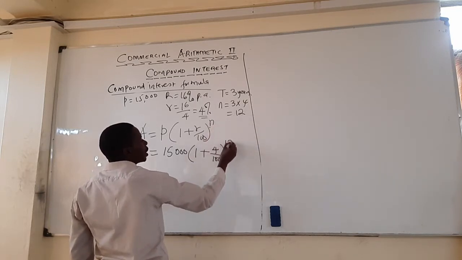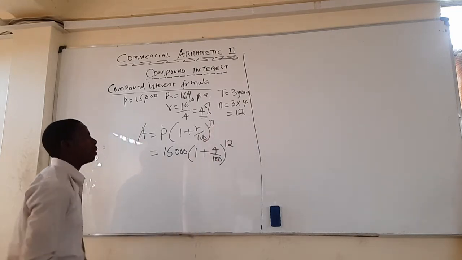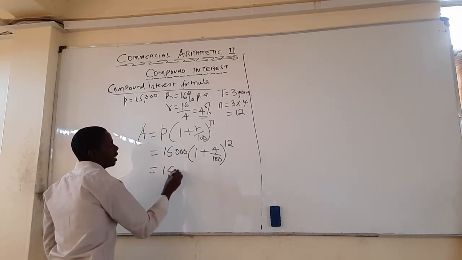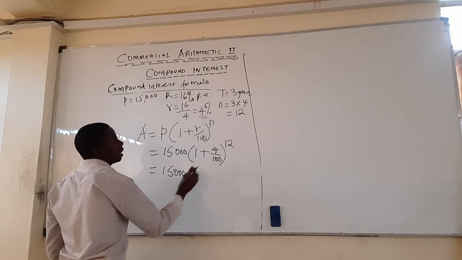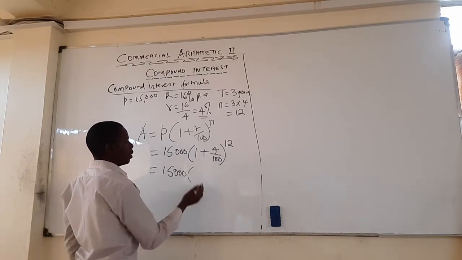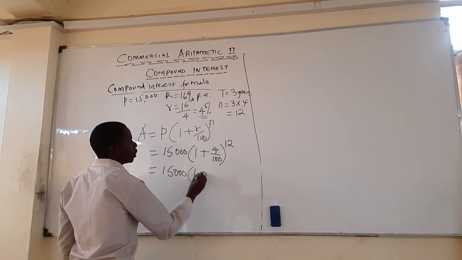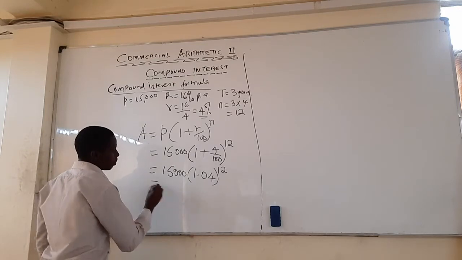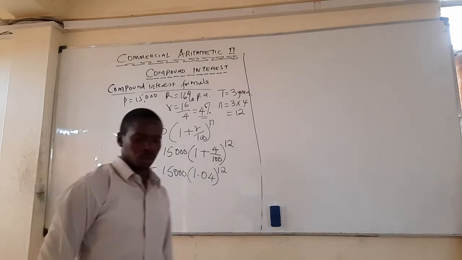We are going to have 12 times. That's how we compound our rate here. So you have 15,000 into bracket 1 plus 4 over 100. 4 over 100 is 0.04. So this is going to be 1.04 power 12.